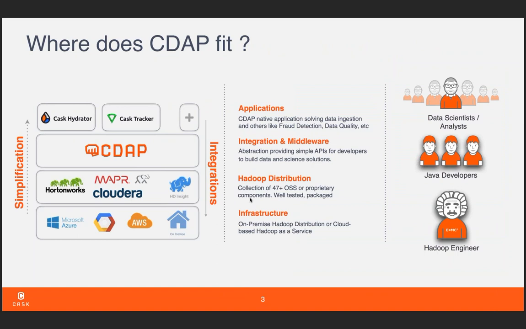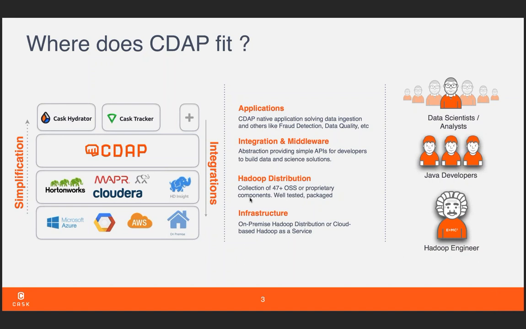Hydrator and Tracker, which are essentially the extensions of CDAP, built using CDAP APIs, run within CDAP. So CDAP essentially is a middleware and an integration layer which provides abstractions for building data applications and enabling all of your data lakes. So with this small introduction, let's jump into the features and capabilities of CDAP.